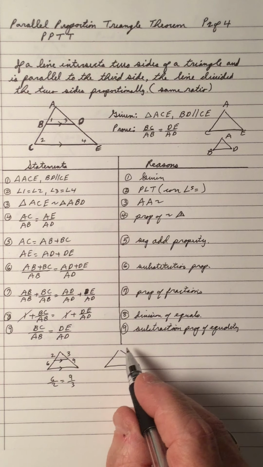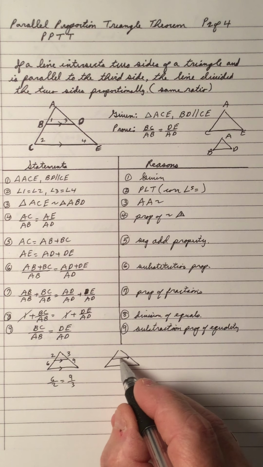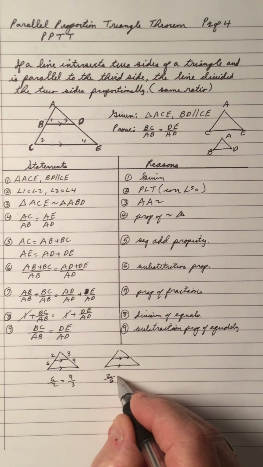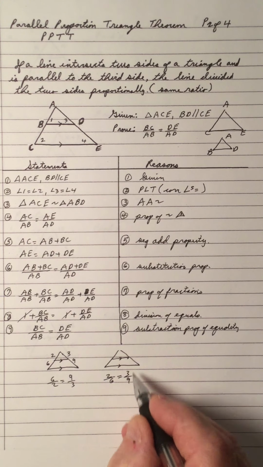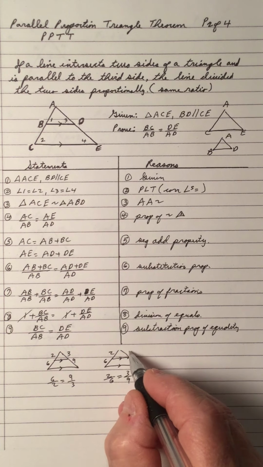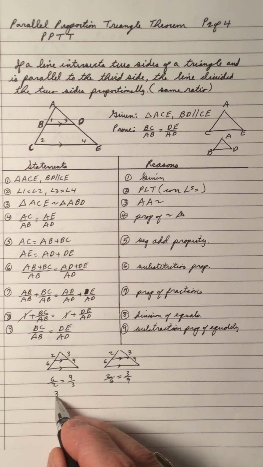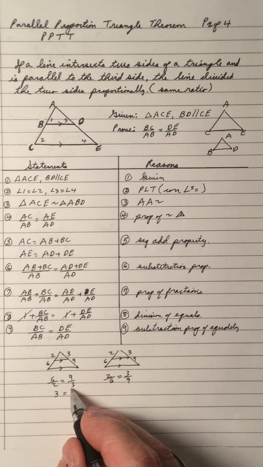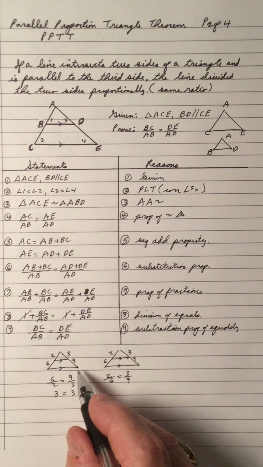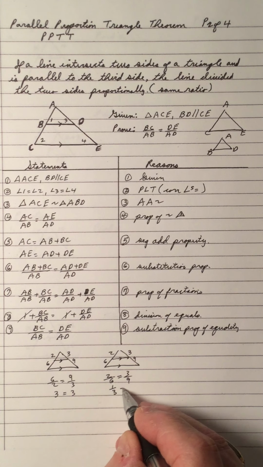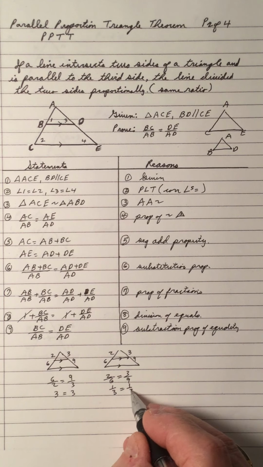But also, you can go 2 over 6 equals 3 over 9. Still, notice 6 over 2 is 3. 9 divided by 3 is 3. Or we can go 2 over 6, which is 1 over 3. 3 over 9 is 1 over 3.